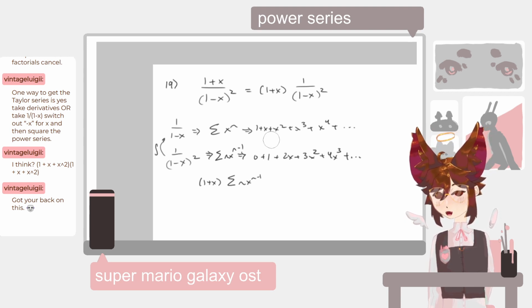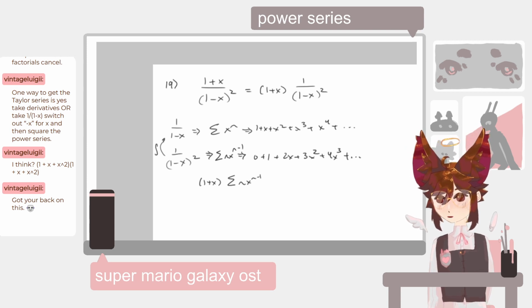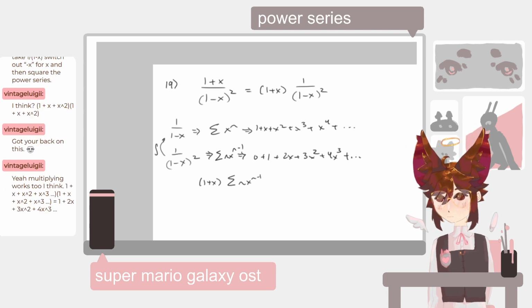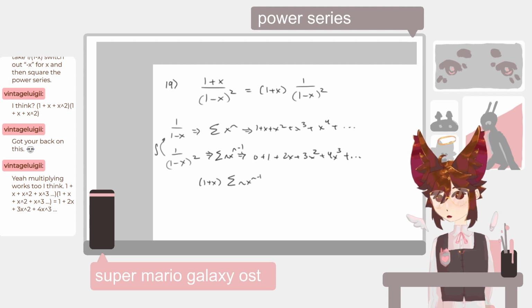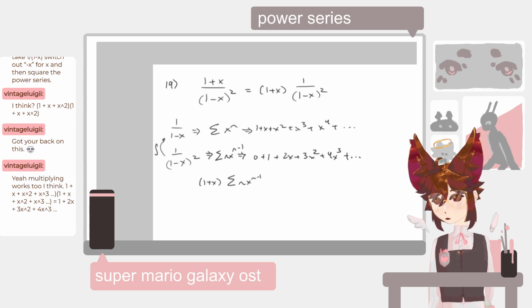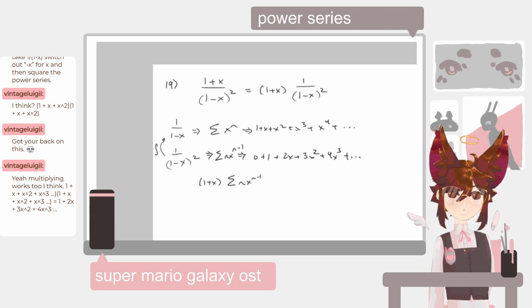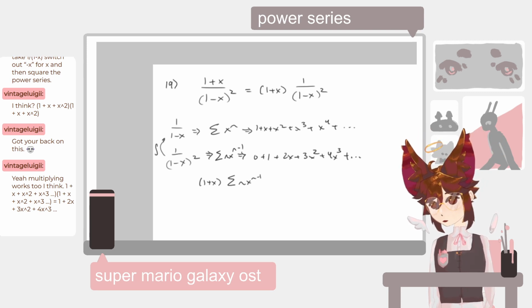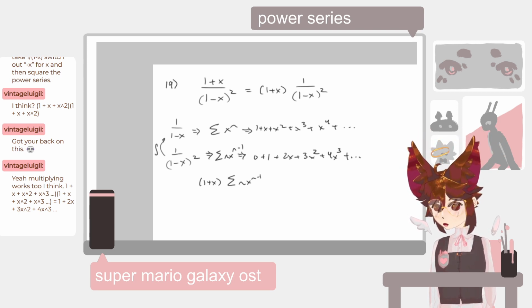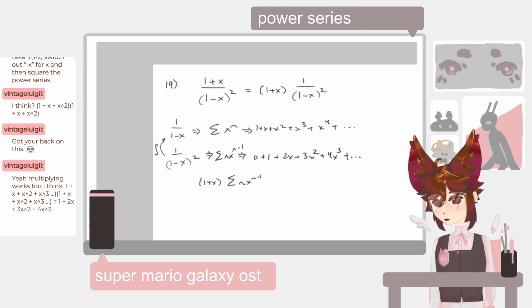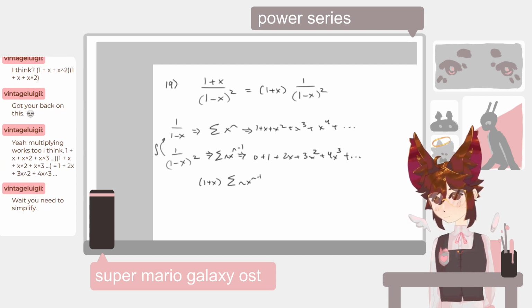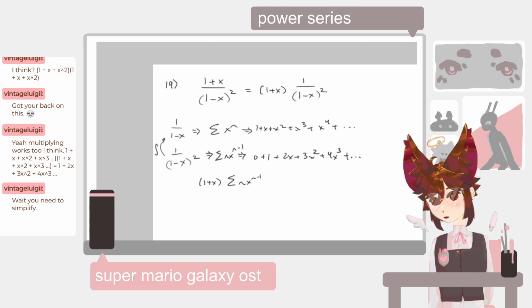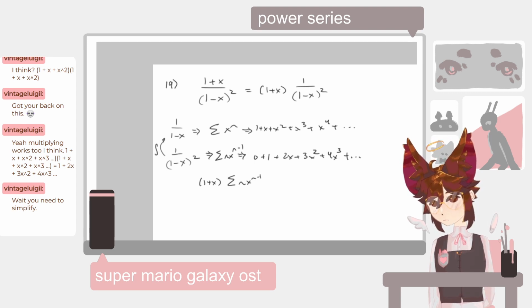Okay, let's see what it is. 19. Whoa, where'd it go? Oh, it's up here. Multiplying works too. Wait, am I checking the wrong answers? Is that what I'm doing? What section is this? I swear to God, if I've been checking the 11.9.